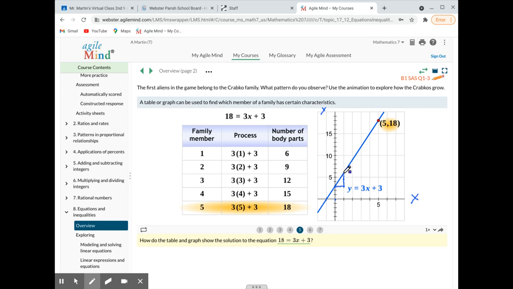So if we did it again, what would happen? Now I'm at 2. So then I would go from 2 to what? 9. Yep. So if I'm at 2, let's see. 3 times 2 would be 6 plus 3. 9.